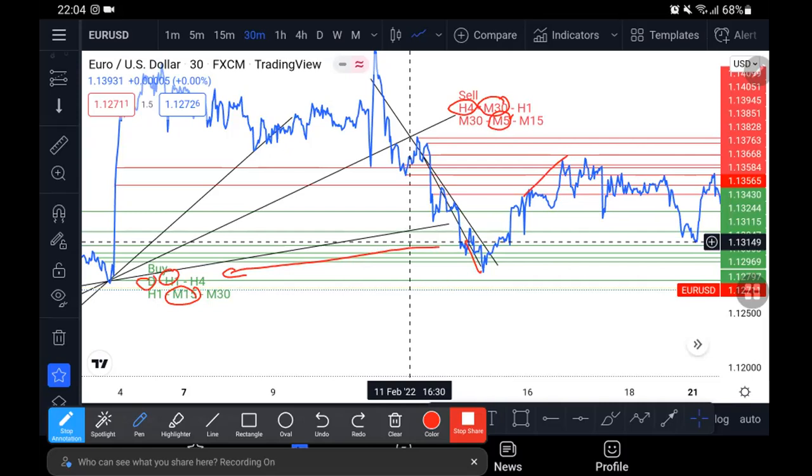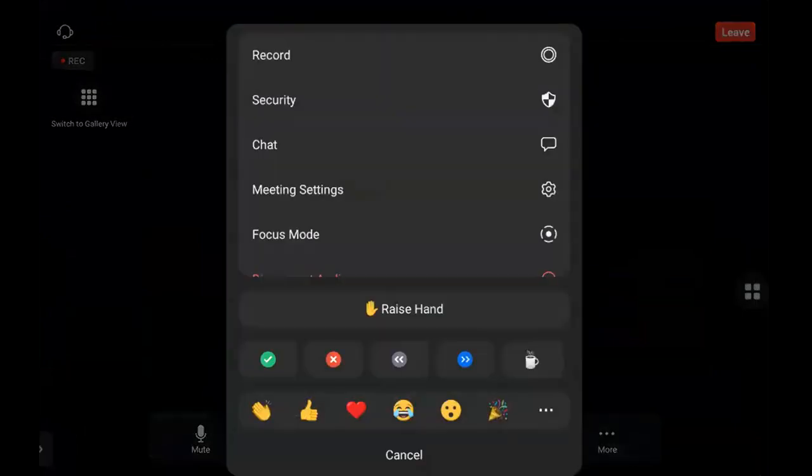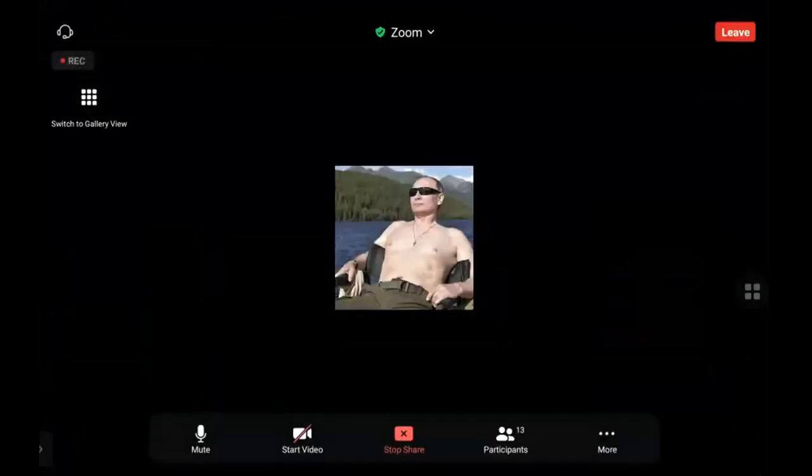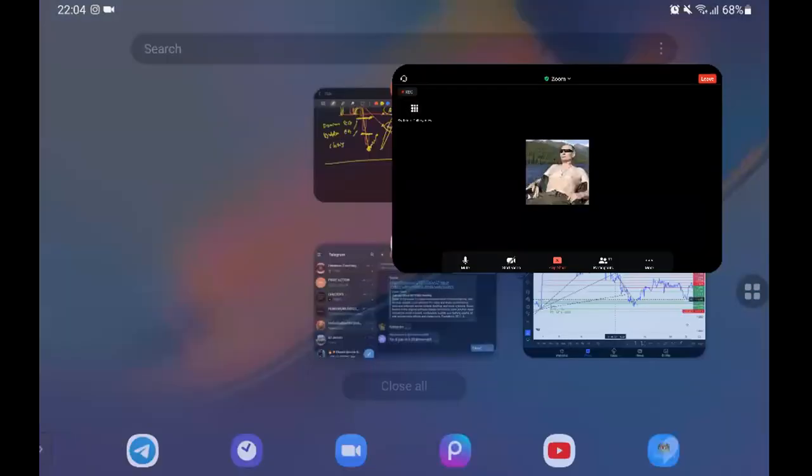So untuk part ni korang clear? So ada apa-apa soalan tak untuk part ni?